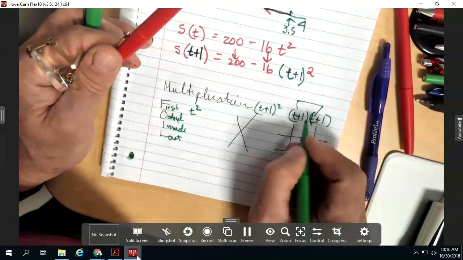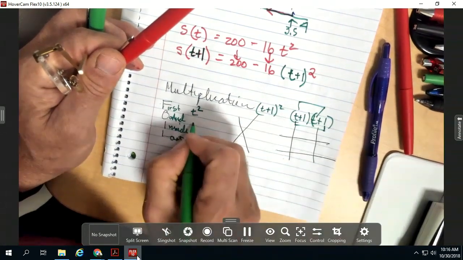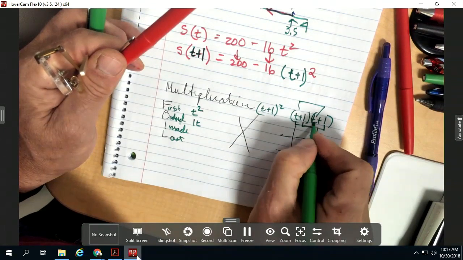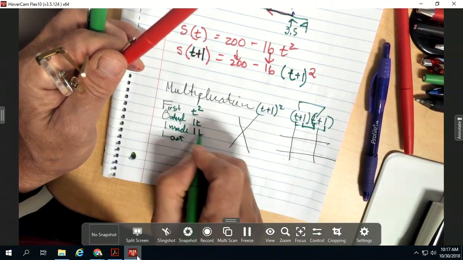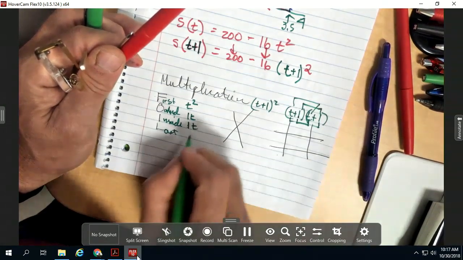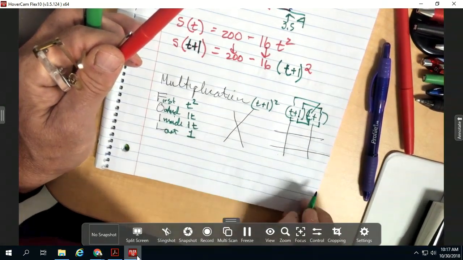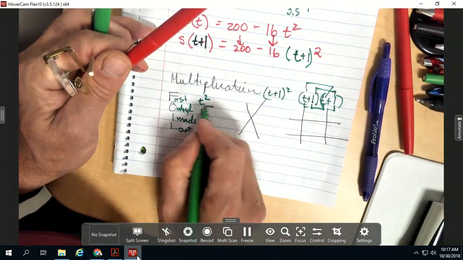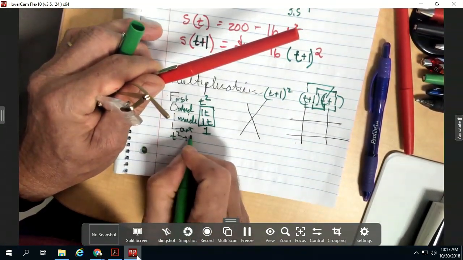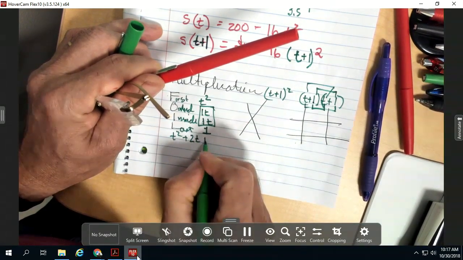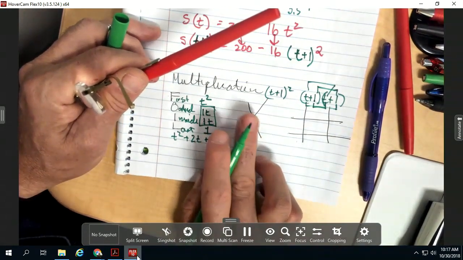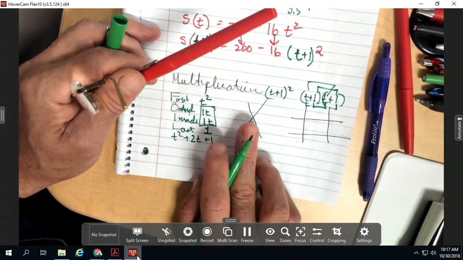Outside numbers together, you get 1t. Inside numbers together, you get 1t. And the last numbers together, 1 times 1 is 1. You can combine these two like terms and you get t squared plus 2t plus 1. I was never the lattice, so you guys have to help me with how you did this one. Does anybody use this one?